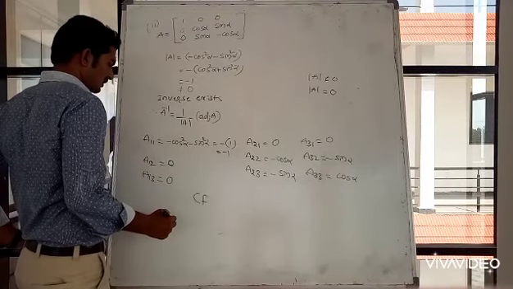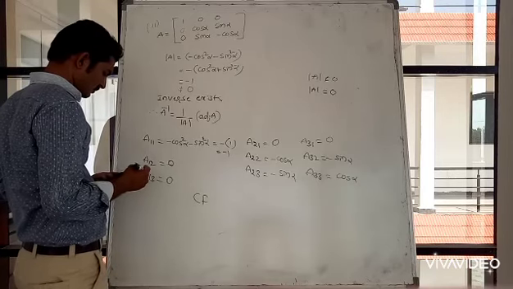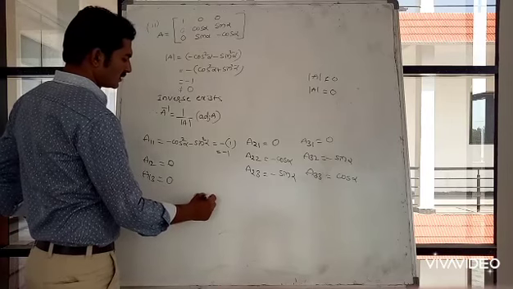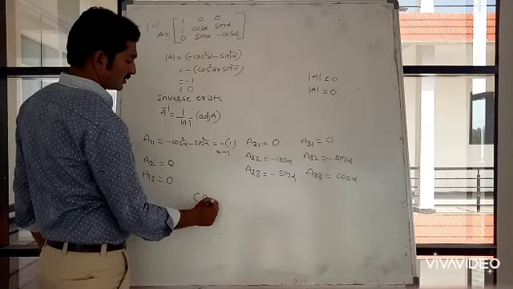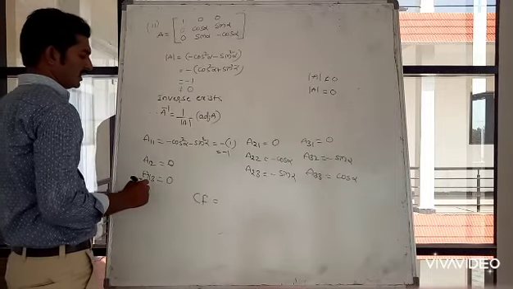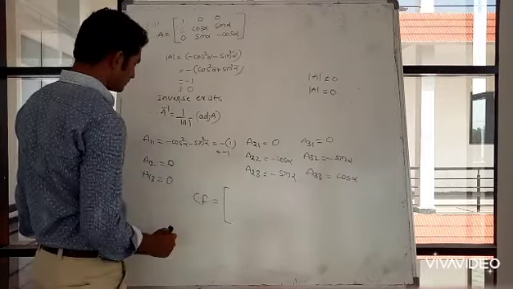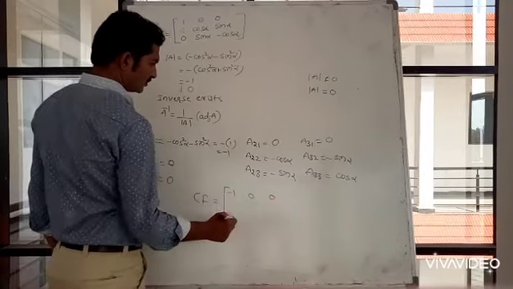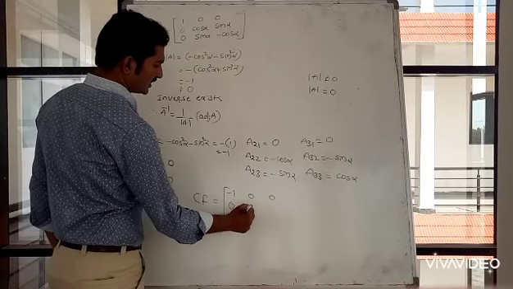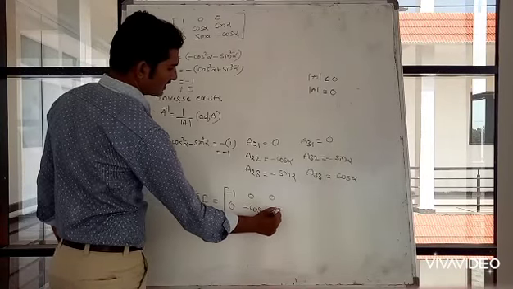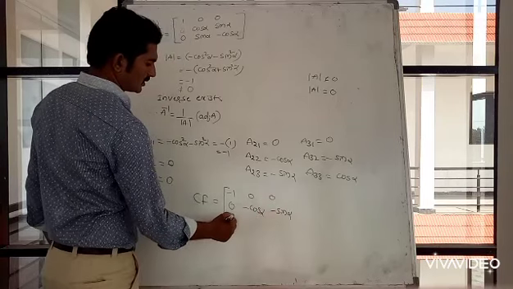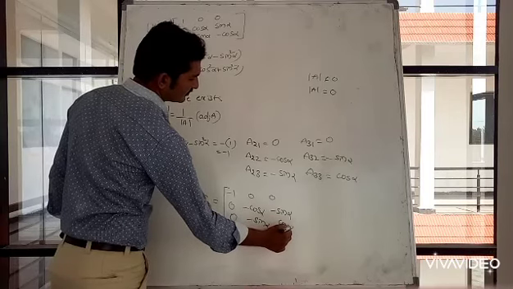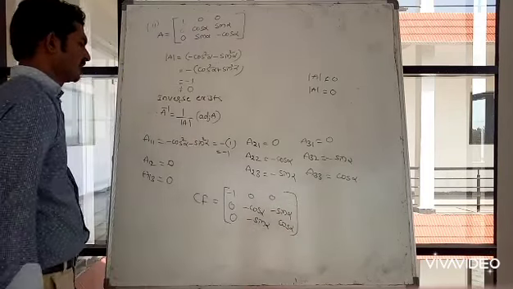The cofactor matrix of A, CF, is equal to: minus 1, 0, 0; 0, minus cos alpha, minus sin alpha; 0, minus sin alpha, plus cos alpha. This is the cofactor matrix.